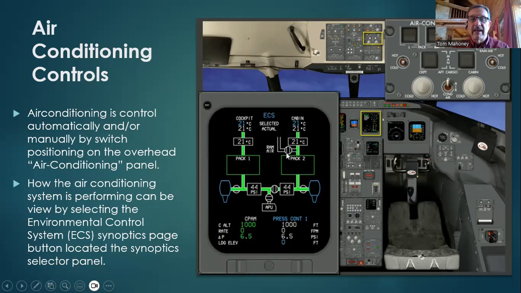They're looking at this, and what we can see here is that pack number 2, outlined in green, is operating. Same thing with pack number 1. And we're showing here where the pneumatic pressure being supplied by engine number 1 is producing 44 psi in the ductwork and pushing air up through the pack.